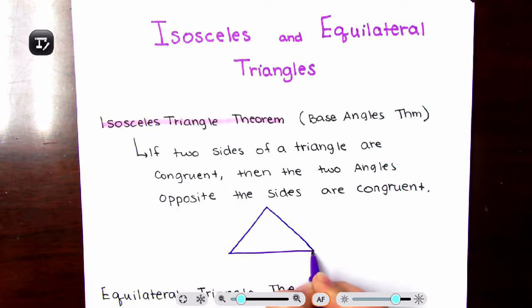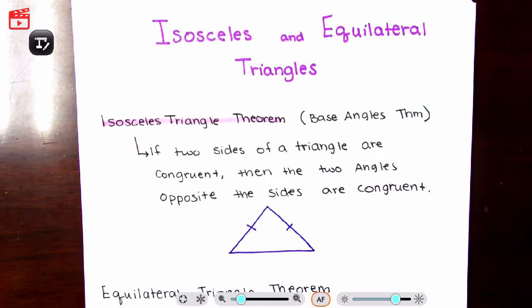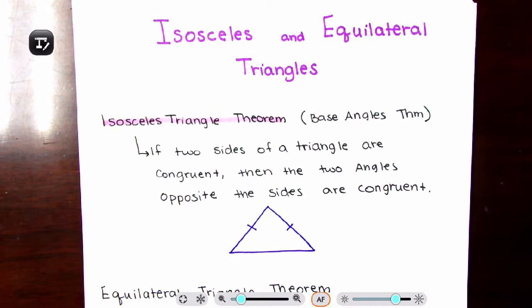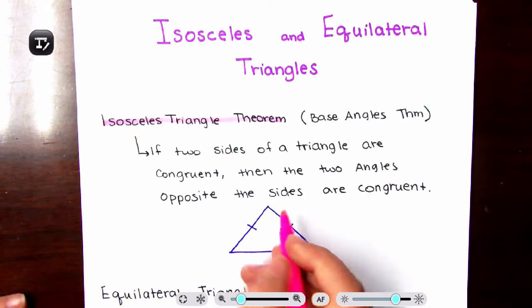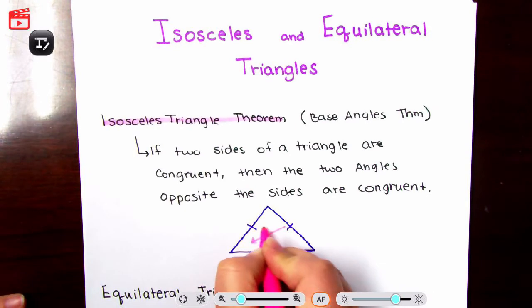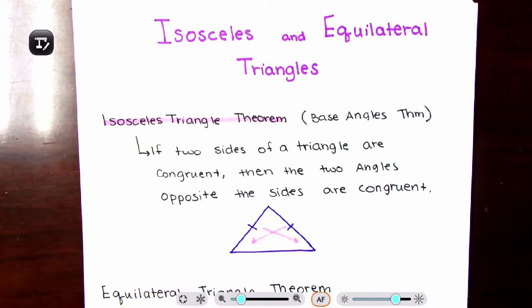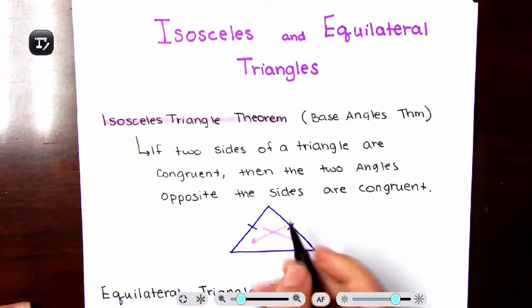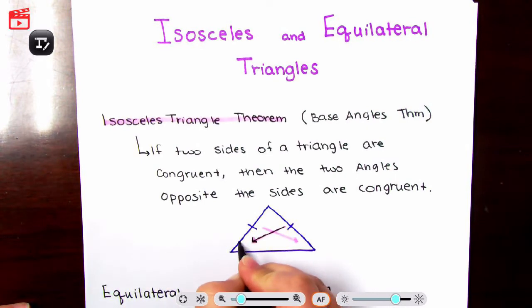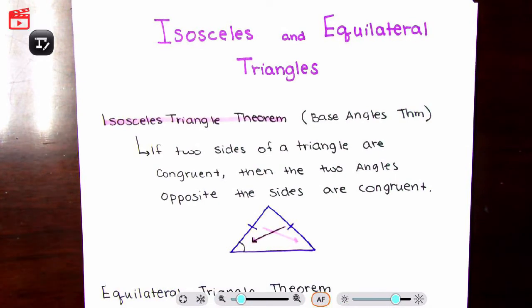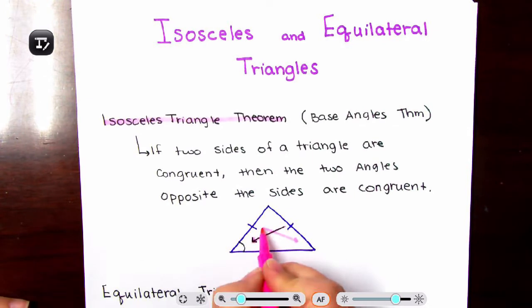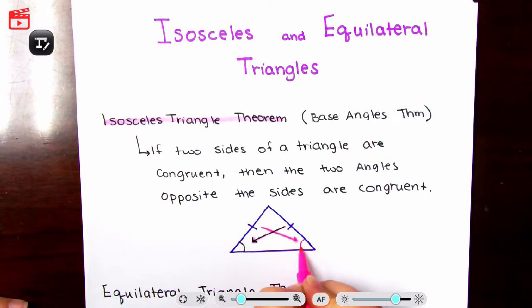And it says if two sides of a triangle are congruent, then the two angles opposite those sides are also congruent. So if I have these two sides, then this angle here is congruent to the opposite angle here.